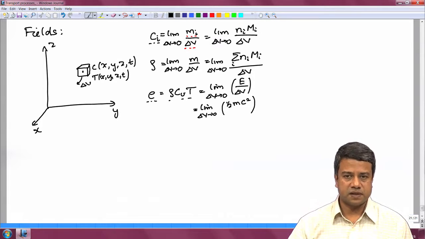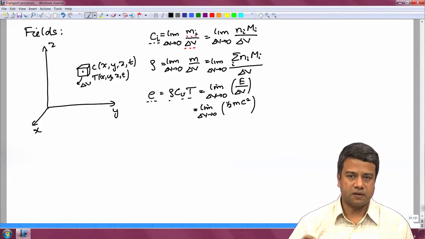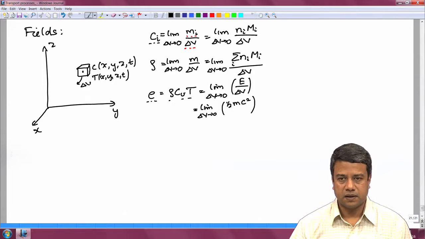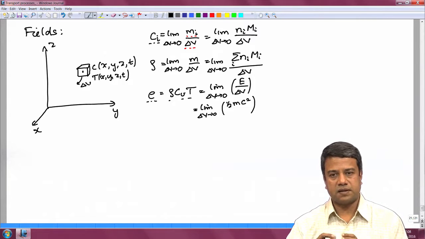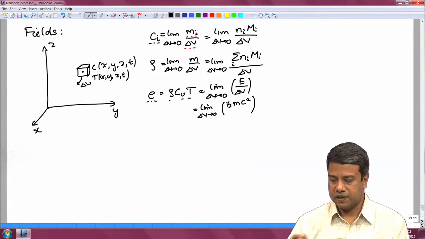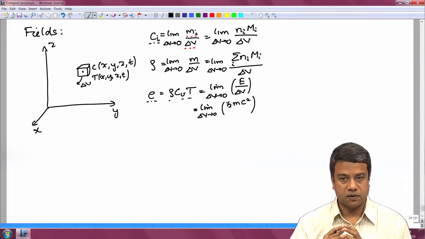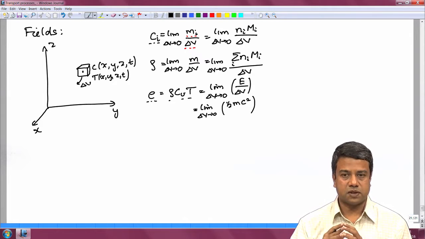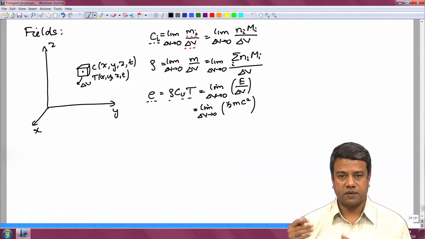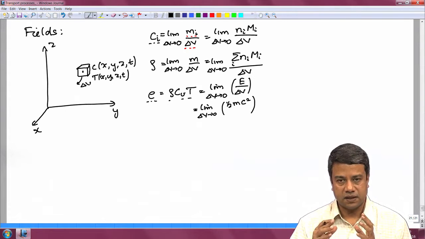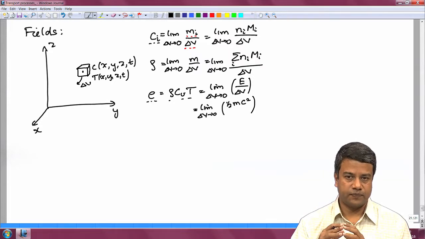The temperature field is defined from the internal energy field or the enthalpy field, by taking into account the total internal energy of all the molecules within a volume, dividing it by the volume itself. In the limit, as the volume goes to 0, the number of molecules also goes to 0. Therefore, the internal energy also goes to 0. But the ratio of the total energy within that volume divided by the volume itself, that will tend towards a constant value, and that is the internal energy density.